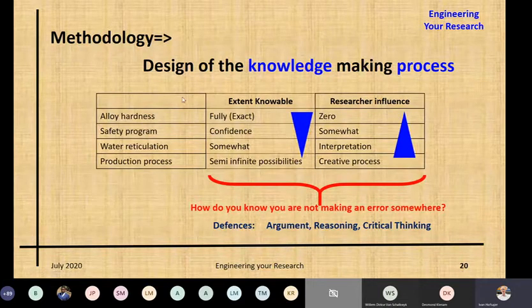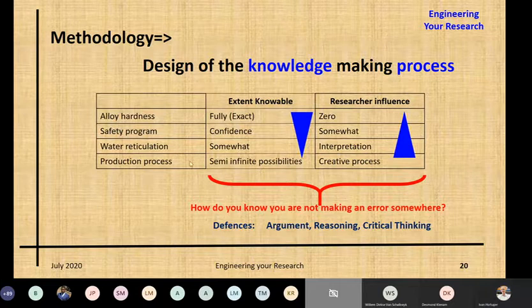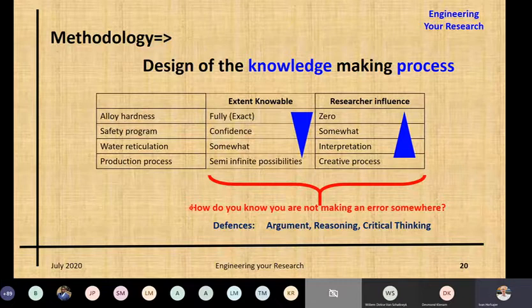Getting back to our methodology. This slide summarizes everything that we've talked about this afternoon. Methodology is our design of the knowledge-making process. In other words, in this knowledge-making process, how do you know you are not making an error somewhere, right?